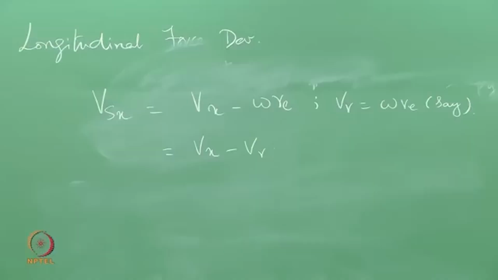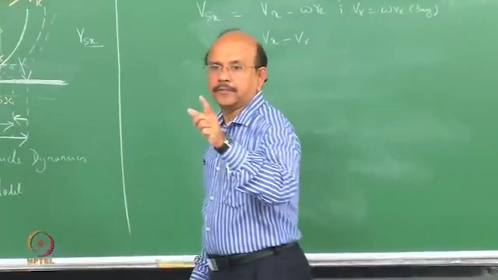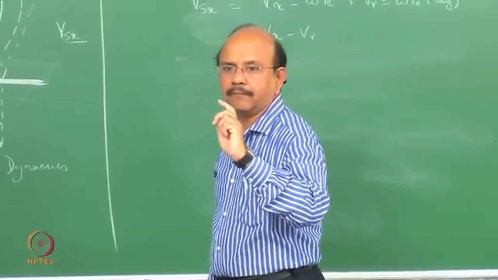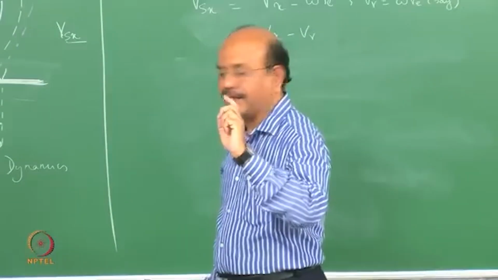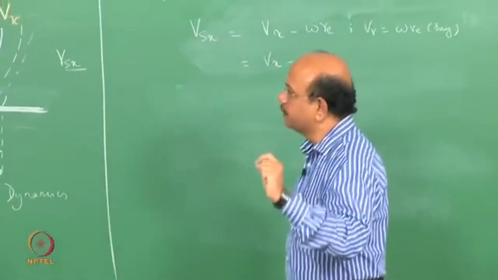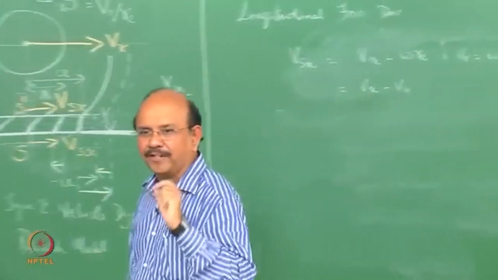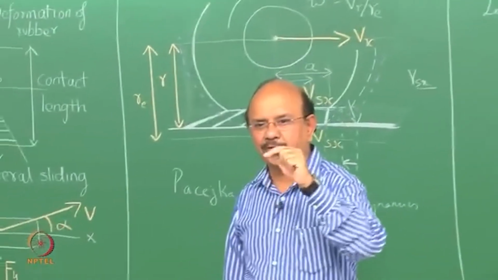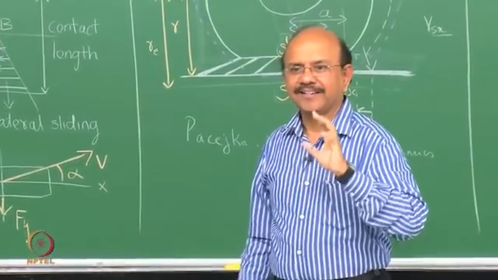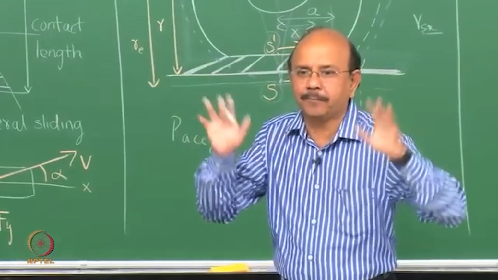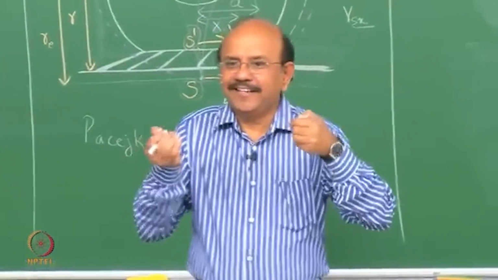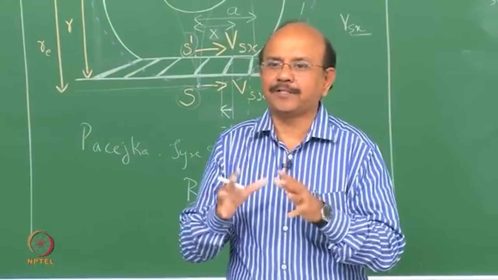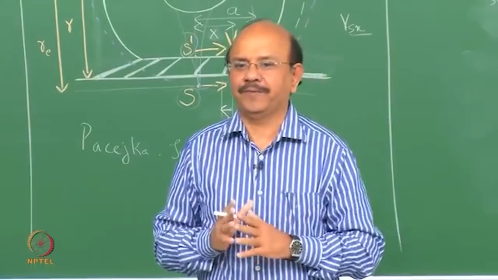Any questions? What is the difference between slip and slide? Slip is a very technical quantity which we defined in the last class, and we are going to define it again. The English word slip means it's slipping, but in tire mechanics, slip has a very specific definition.